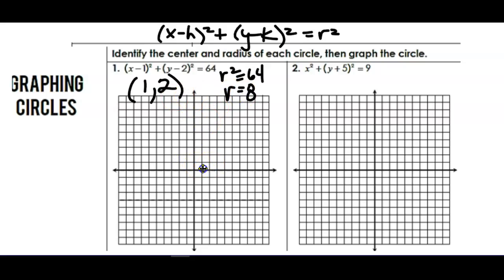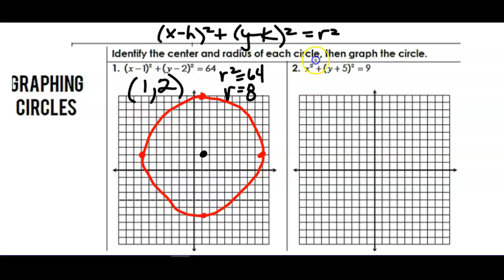So for this circle you would go over 1, up 2, and then from there count up 8, right 8, down 8, left 8, and make a circle that goes through all those points. Mine usually end up looking like a football. Well, that's probably not the worst one I drew.